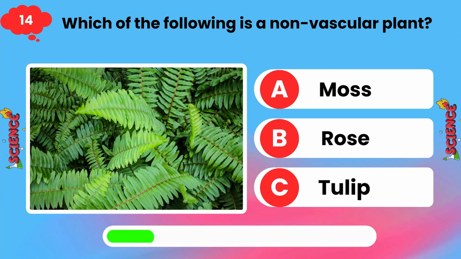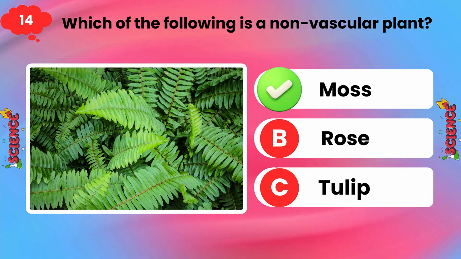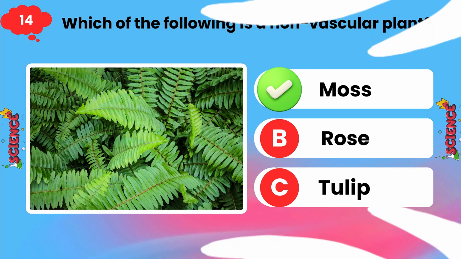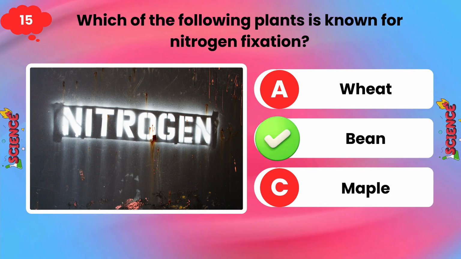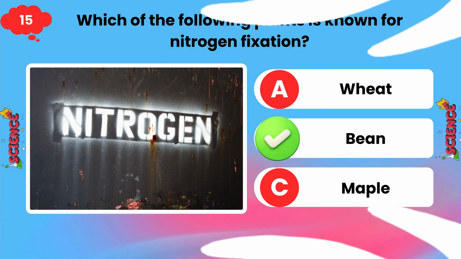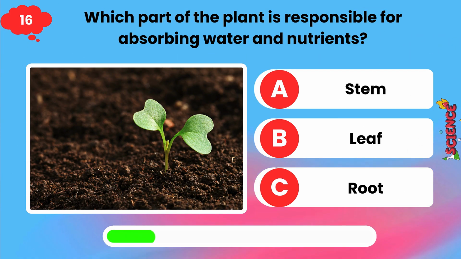Which of the following is a non-vascular plant? Which of the following plants is known for nitrogen fixation? Which part of the plant is responsible for absorbing water and nutrients?